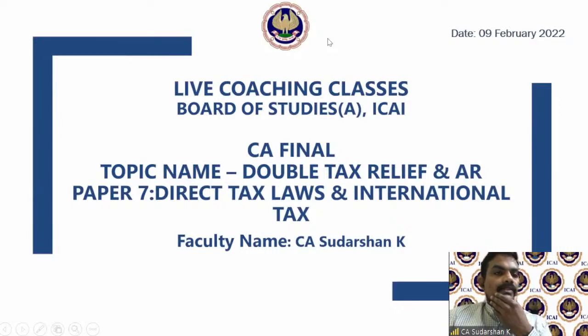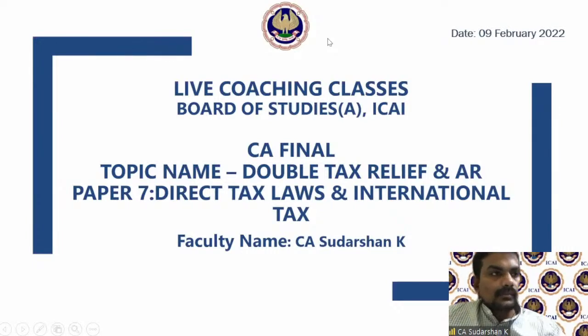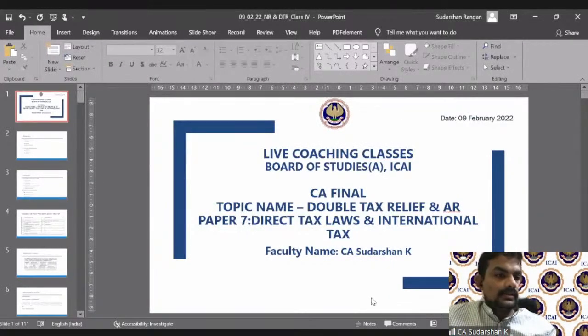We saw the incomes, taxation of NRIs, what are the incomes that are exempt from tax, and some presumptive taxation for non-residents as well. So with this, let's do a quick revisit.